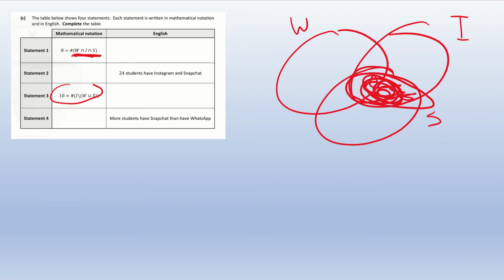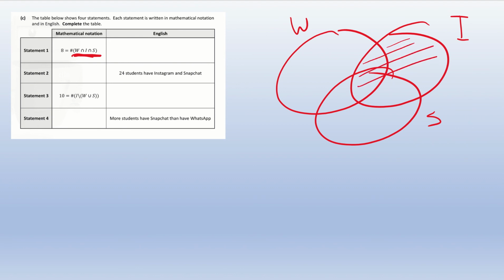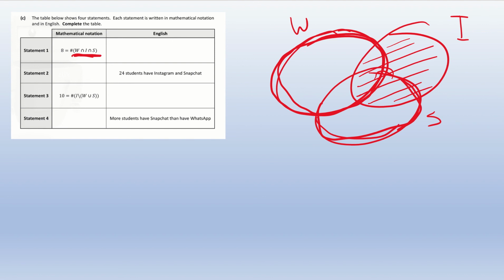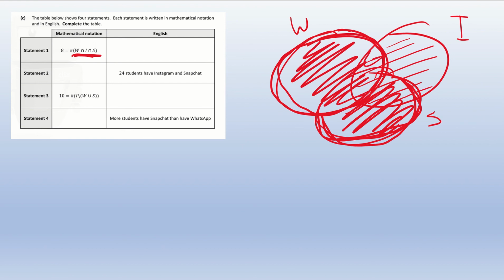Instagram is all of this part here, but without WhatsApp in union with Snapchat. So without anything in WhatsApp with Snapchat. So basically everything in the Instagram circle without these parts here. So basically just this part up here.